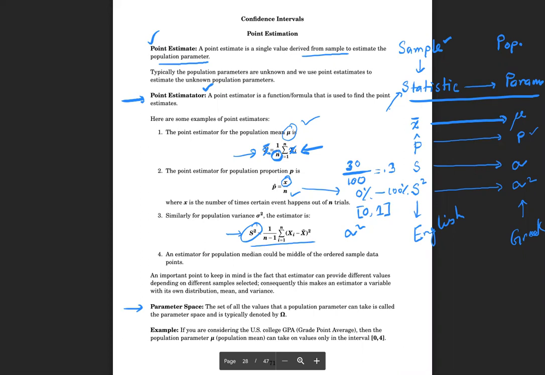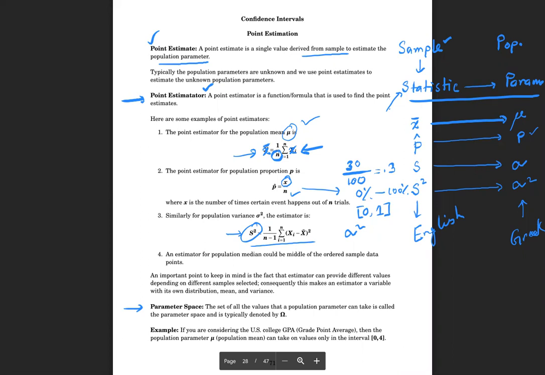These are basic definitions, and I will be using these things as I solve the problem and create the confidence intervals. So unless you are familiar with these definitions, you might find it challenging to follow what I'm talking about. So I'm trying to make sure that you understand all these things, all right?